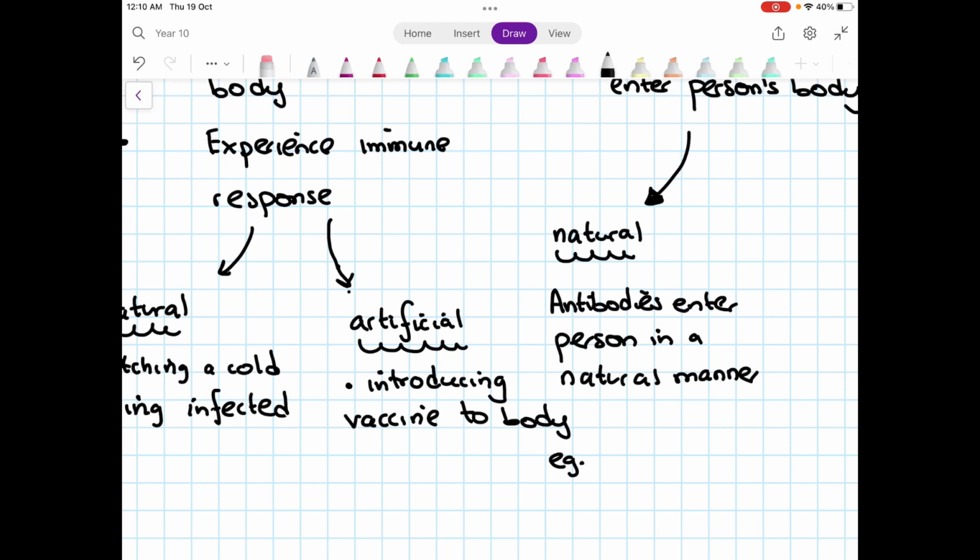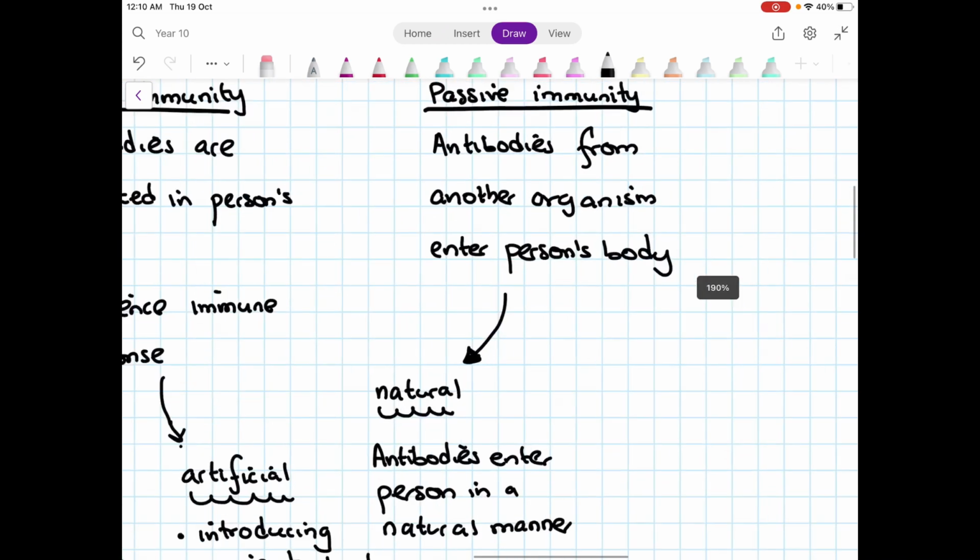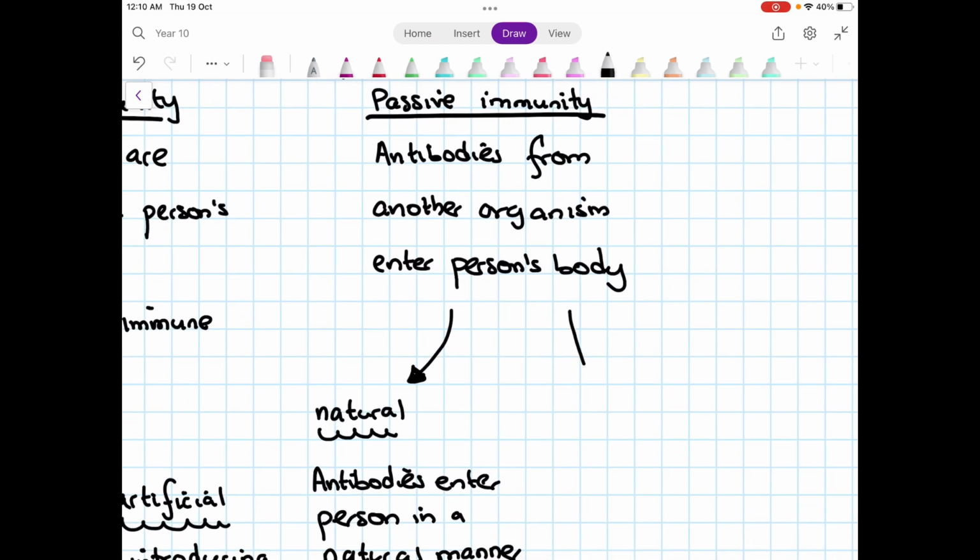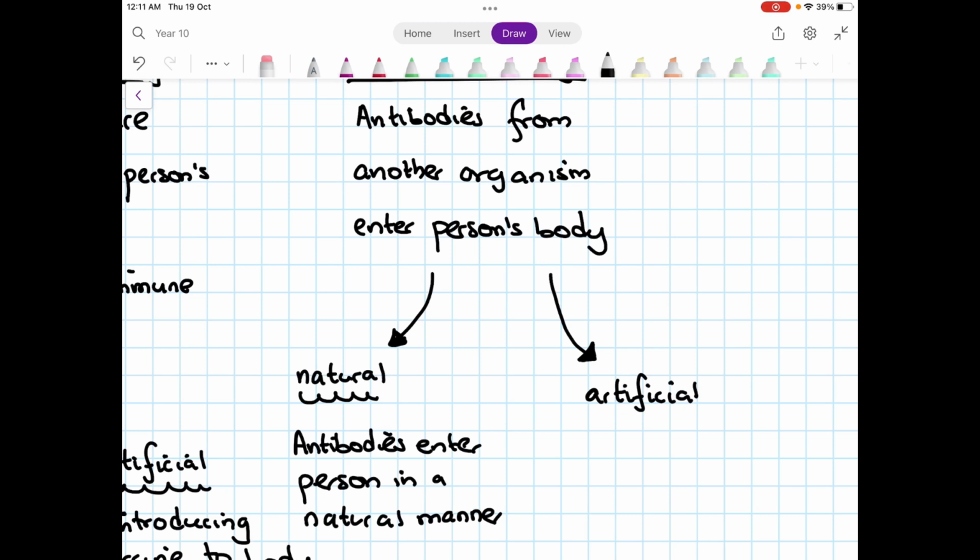For example, by crossing the placenta into the fetus. And as for artificial immunity, antibodies could be injected into a person.